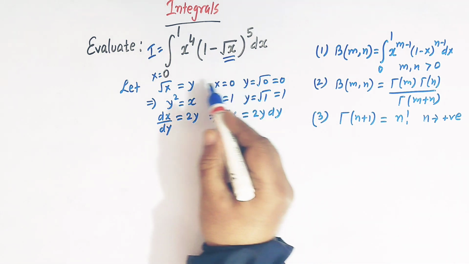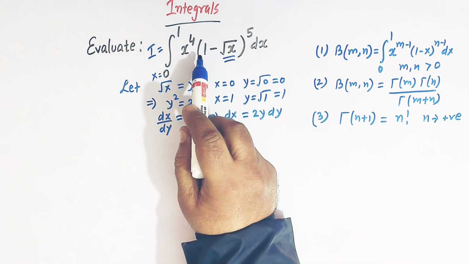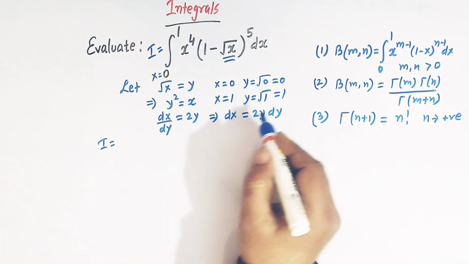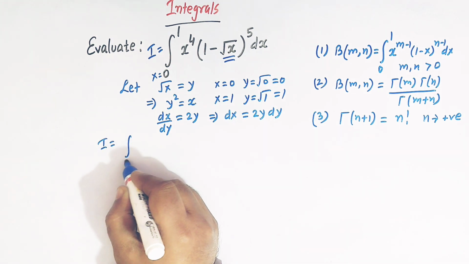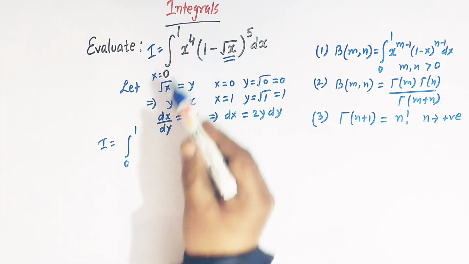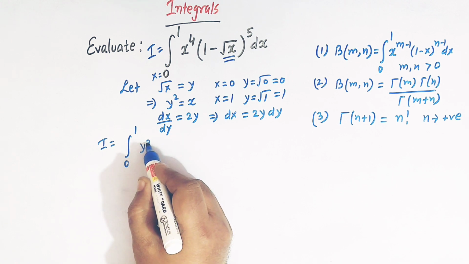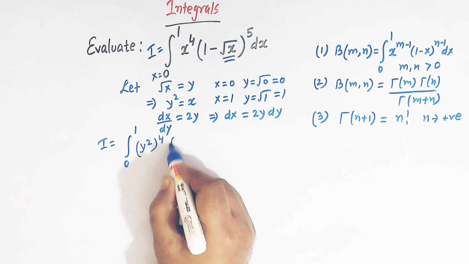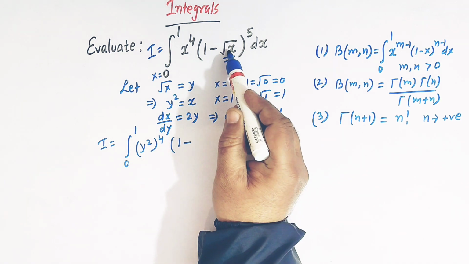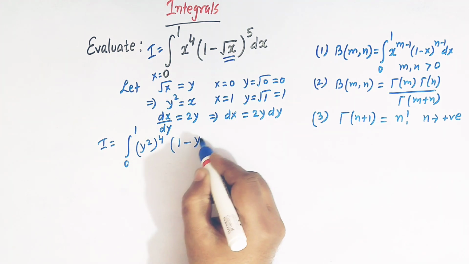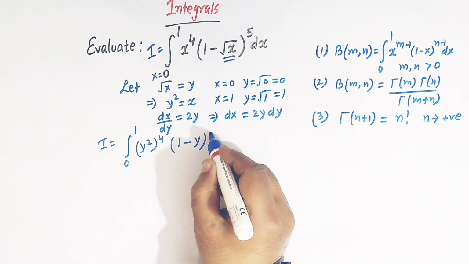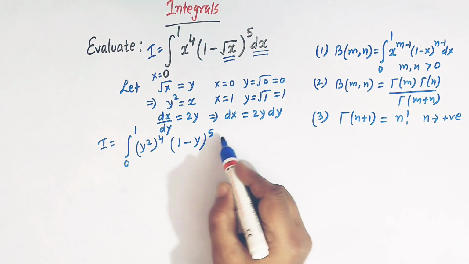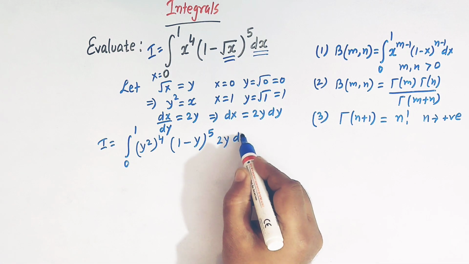So now let us make all these substitutions in this integral. Now I can be written in terms of y. We have the limits 0 to 1, x raised to 4, x is y square, raised to the power 4. Then we have 1 minus square root of x, that is y, and here the power is 5, and for dx we can now write 2y dy.